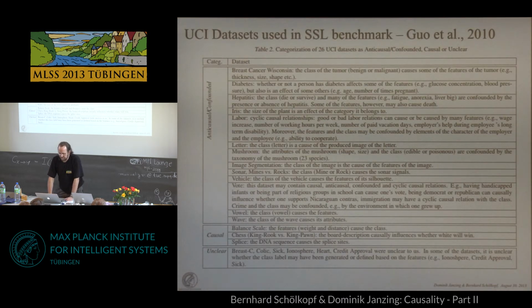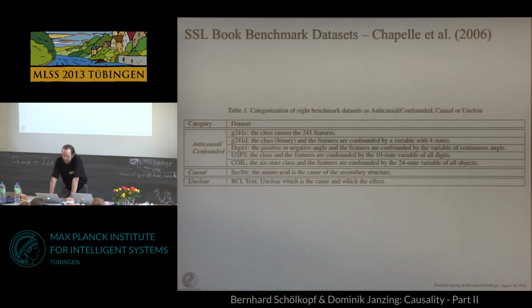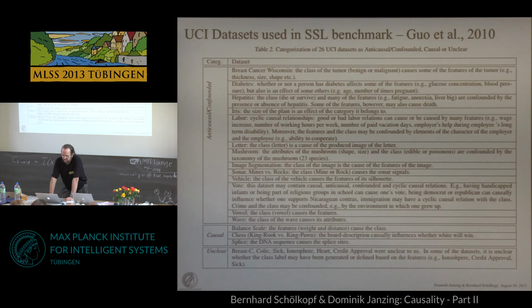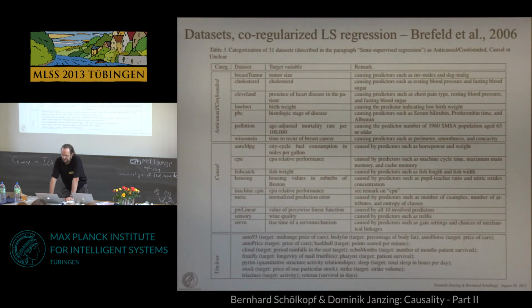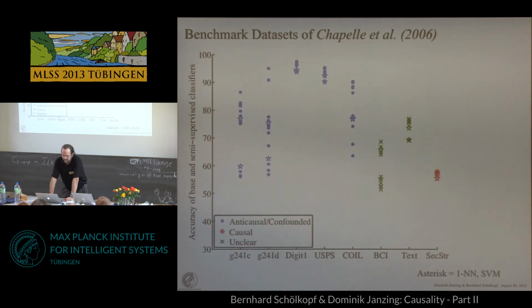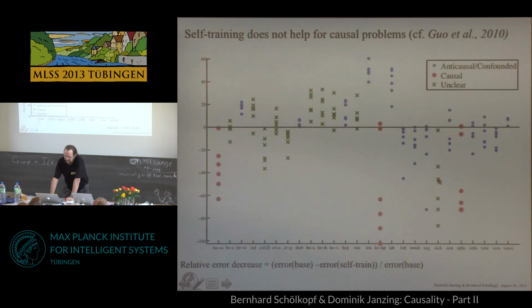We looked at several such papers, a book, a paper for classification, and a paper for regression. And to cut the long story short, it works reasonably well in all cases. So this one is not so clear because it had only one causal data set. This had several causal data sets, and here the message is, this is the baseline 0. It's always a comparison of a standard algorithm to its semi-supervised modification.